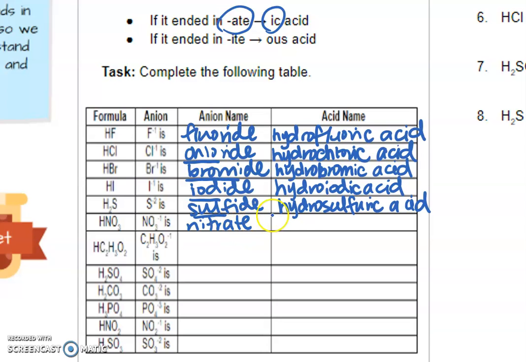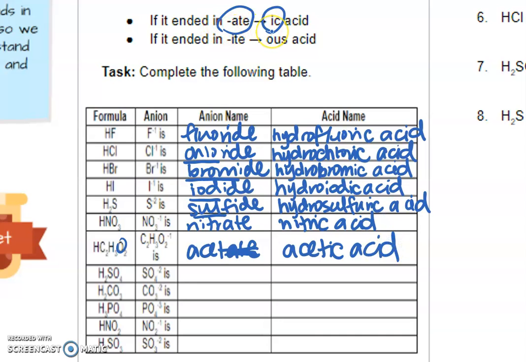So nitric acid. Next one, oxygen's involved. So I think about what this part is called. Well, that's called acetate. Again, you could look back at your notes on polyatomics. So it ended in ATE, so the ATE is going to go away. I'm going to make that ic there. So acetic acid. Again, if it ended in ATE, I change it to ic.